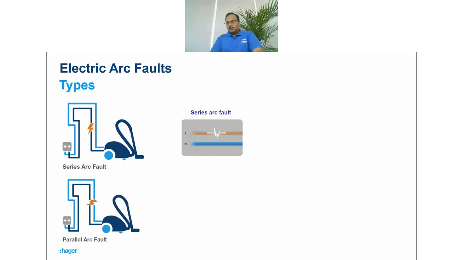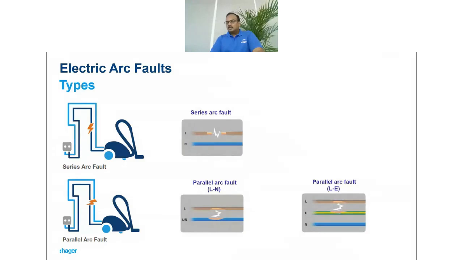But parallel arc faults are between the lines, either a line and a line in a three phase, or a line and a neutral in a single phase. There can be an arc fault happening, which can be destructive. Then it can also be a line and an earth. So this is also possible.